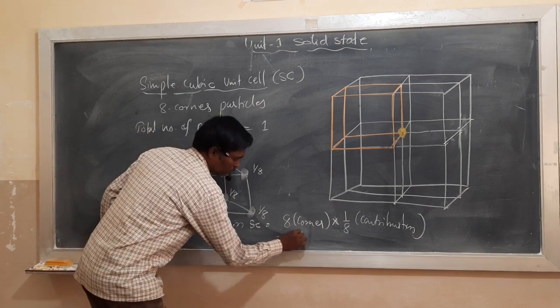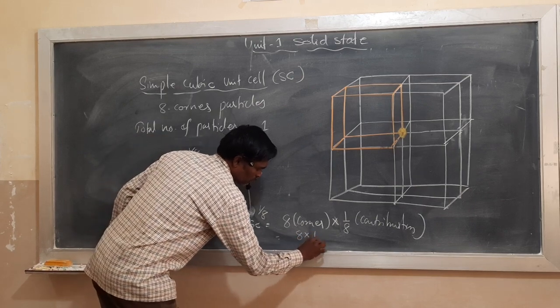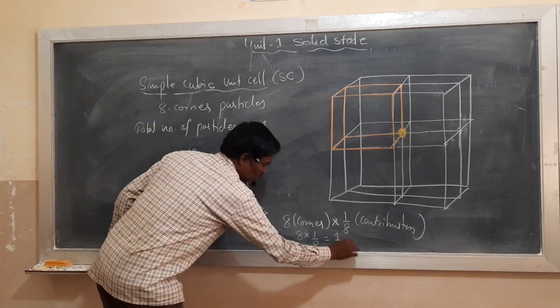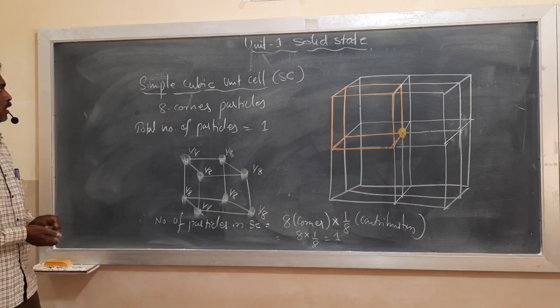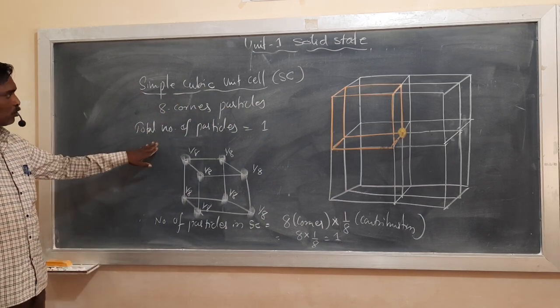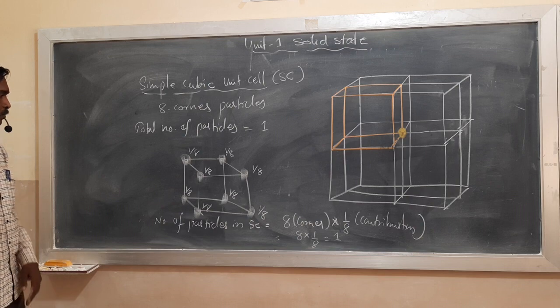Therefore, if we simplify, it is 8 into 1/8, that is equal to 1. That means the total number of particles present in simple cubic cell is equal to 1.